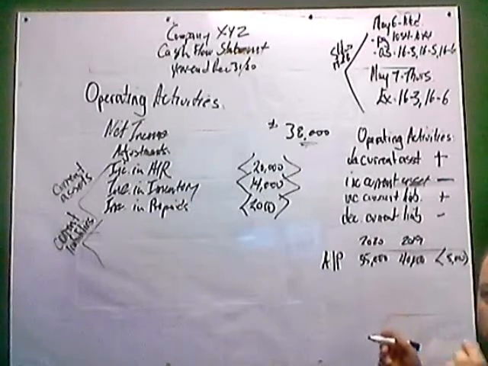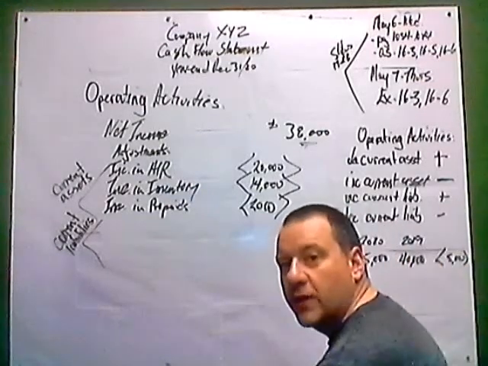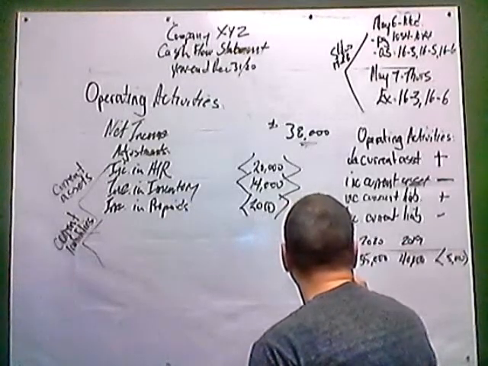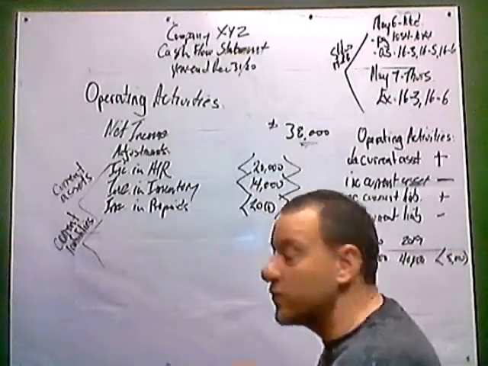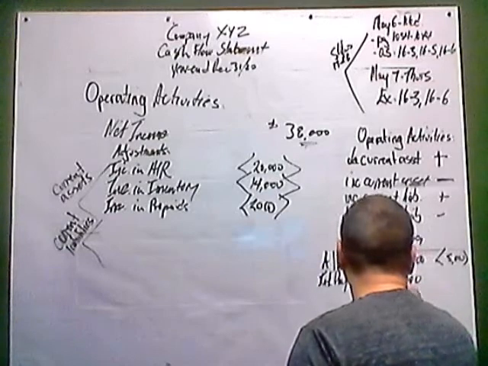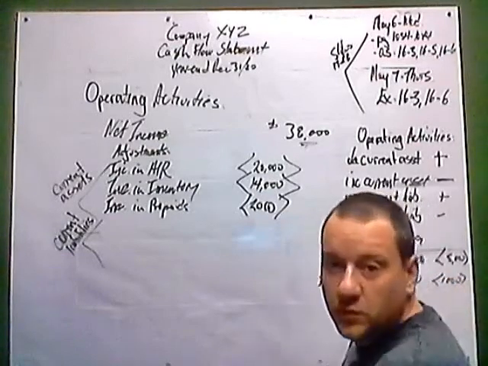Now I also know that I had interest payable, 4,000 in 2019, 3,000 in 2020. So another decrease of $1,000.